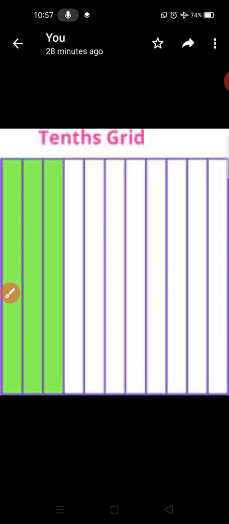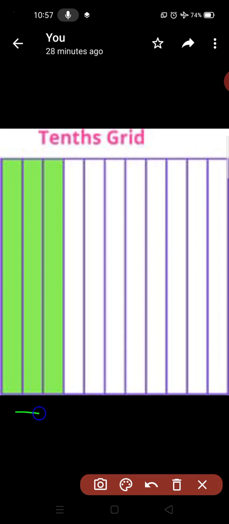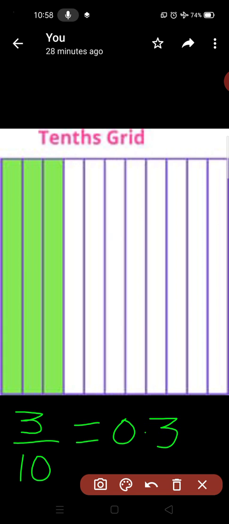If out of 10 parts, 3 are shaded, how can you write a fraction here? We will write 3 out of 10. It is 3 by 10, and the decimal number is 0.3. Okay.